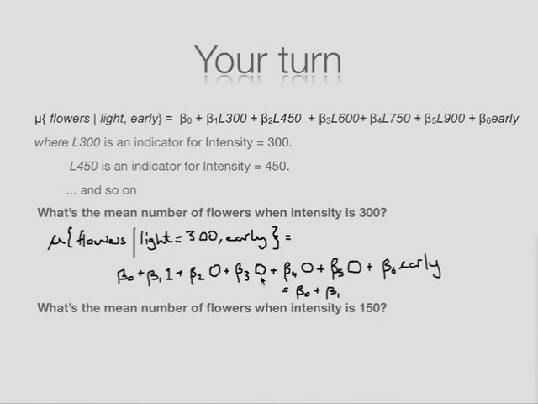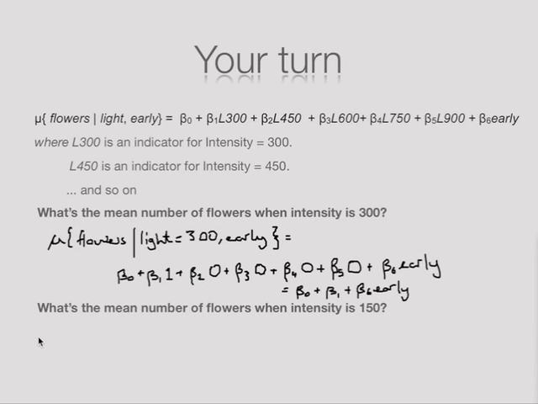Beta 3 times 0 will be 0. Same with beta 4 and beta 5, so they all cancel out. The last term we'll have is a beta 6 times the early variable. Okay, so the mean number of flowers when intensity is 300 is beta 0 plus beta 1 plus beta 6 times early. So the actual value that mean will take depends on whether we're talking about the early or late treatment.